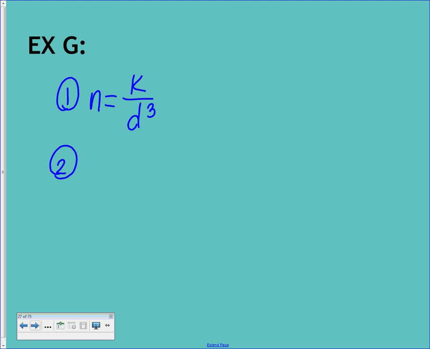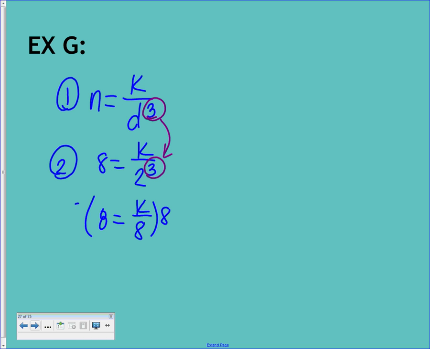So part 2, solving for k, if n equals 8 when d equals 2. Again, really important that you're carrying down this exponent from one step to the next. So my first step here is to say, okay, 8 equals k divided by 2 to the third, which is 8. So to get k by itself, I would have to multiply each side by 8. So I get k to equal 64.